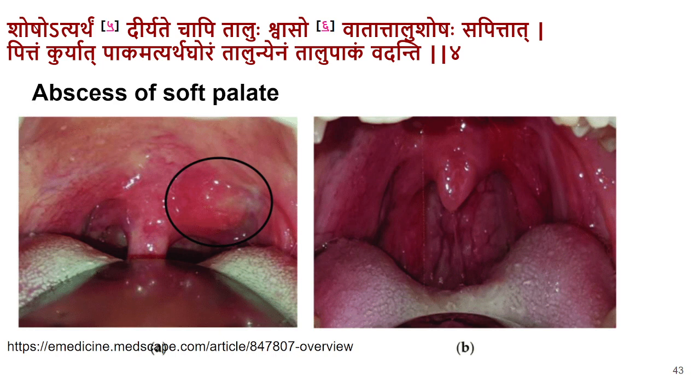The movement of the palate, the soft palate particularly, is affected, and it looks like atrophy. Whether there is a real atrophy or not is a question mark, but the tone of the muscles would be lesser, and hence it becomes less functioning, looks flaccid, and probably Talushosha is related to that.